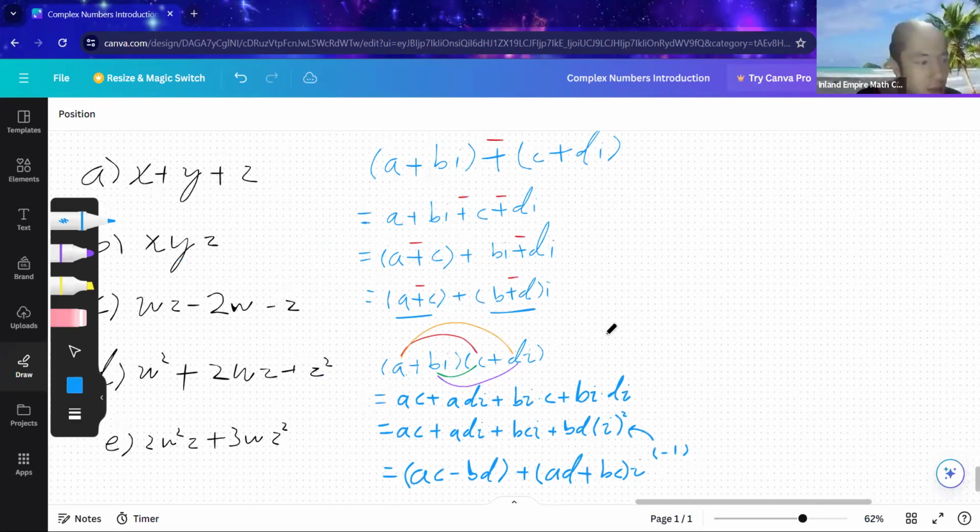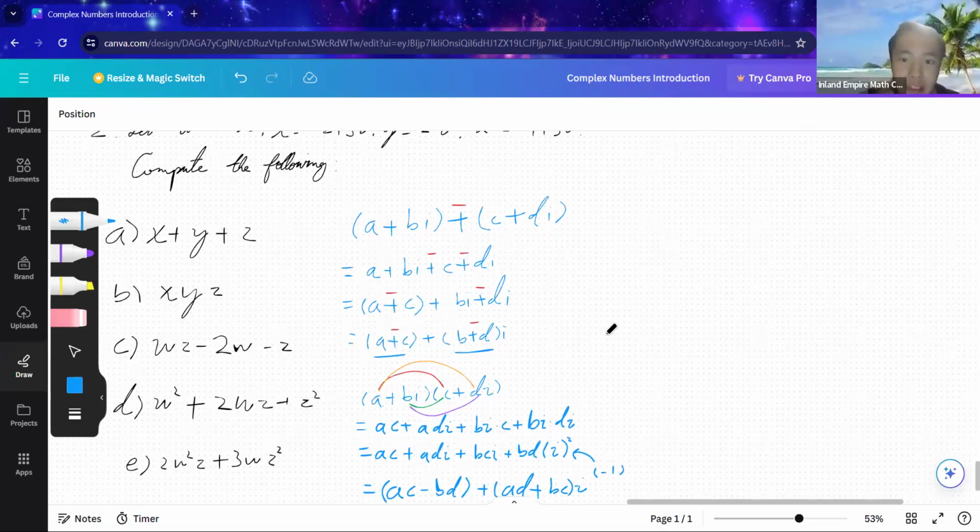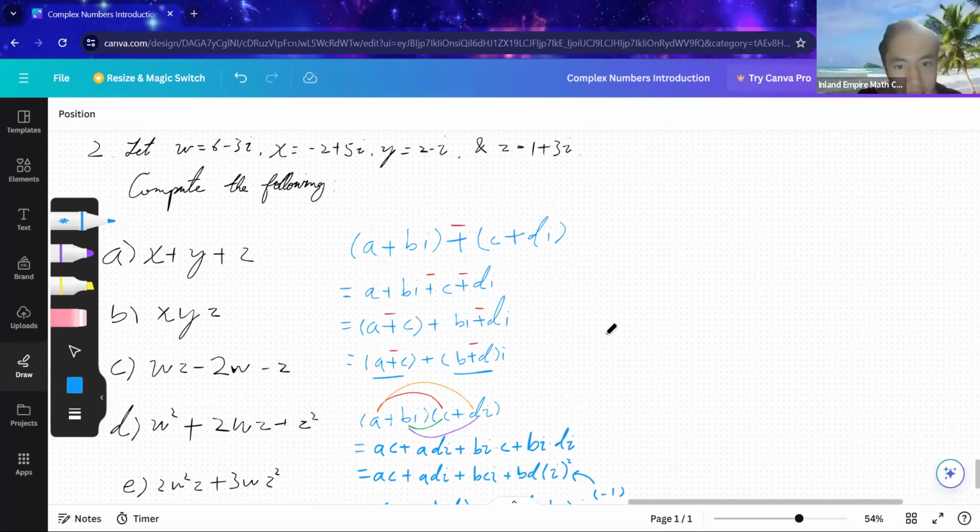And so now that I've explained how you do arithmetic with complex numbers, why don't you guys give it a shot, right? So let W equal 6 minus 3i, X equals -2 plus 5i, Y equals 2 minus i, and Z equals 1 plus 3i. And I want you to compute X plus Y plus Z. This should be fairly simple, right?